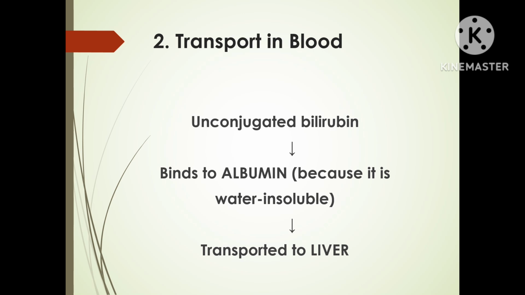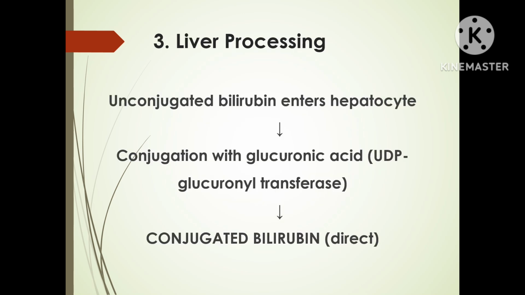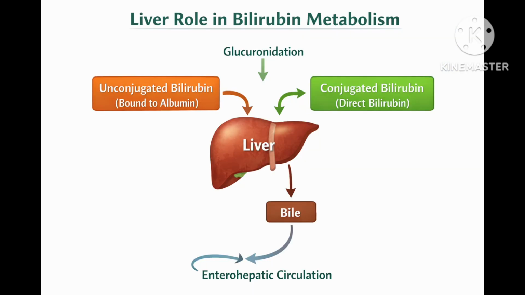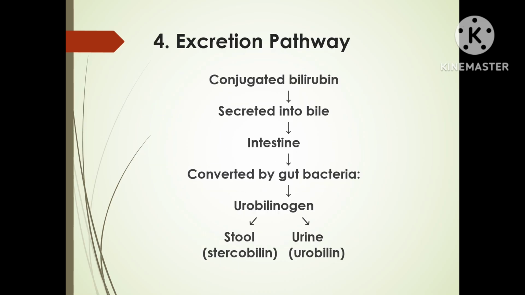In the liver, it undergoes conjugation. It becomes water soluble after conjugation, which is known as conjugated bilirubin, after which it is excreted into the bile and enters the intestine. It is converted into urobilinogen, with most being eliminated in stool as stercobilin, and a small portion reabsorbed and excreted in urine.